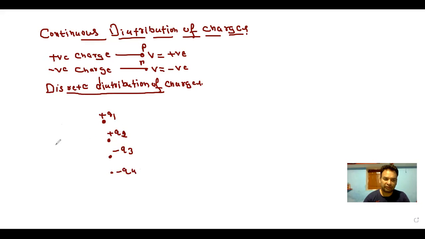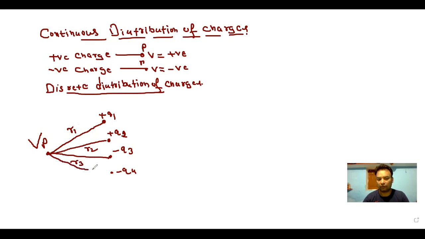So we have these discrete charges and we are interested in finding the potential at a point P. So we are interested in VP. We take the distance of each charge from this point P. This is R1, for Q2 this is R2, for Q3 this is R3, and for Q4 this is R4.